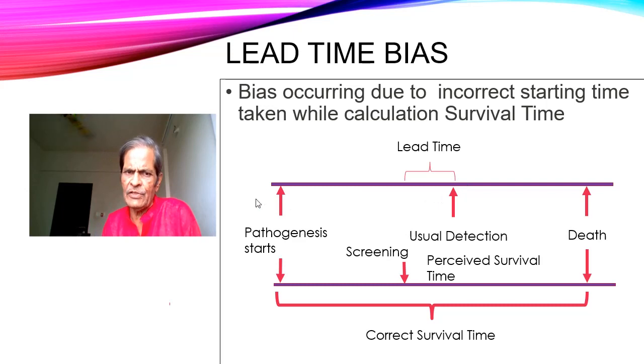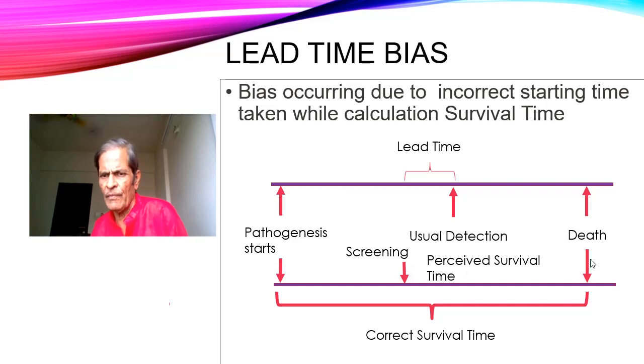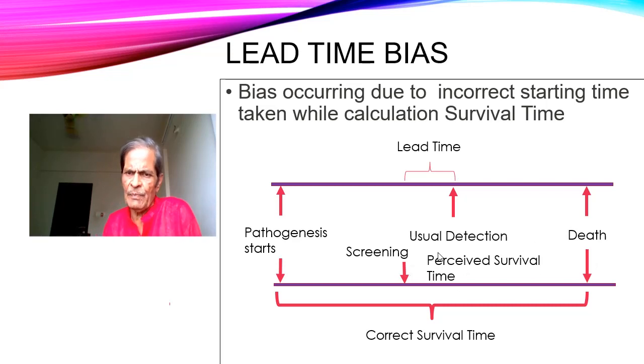The survival, which should have been calculated actually from the pathogenesis to the death, is calculated from the usual detection in the persons who are not screened and from the screening in the persons who are screened. So that is the perceived survival time in the screened patients, and this is the perceived survival time in the persons who are not screened, and the lead time is the gain obtained.